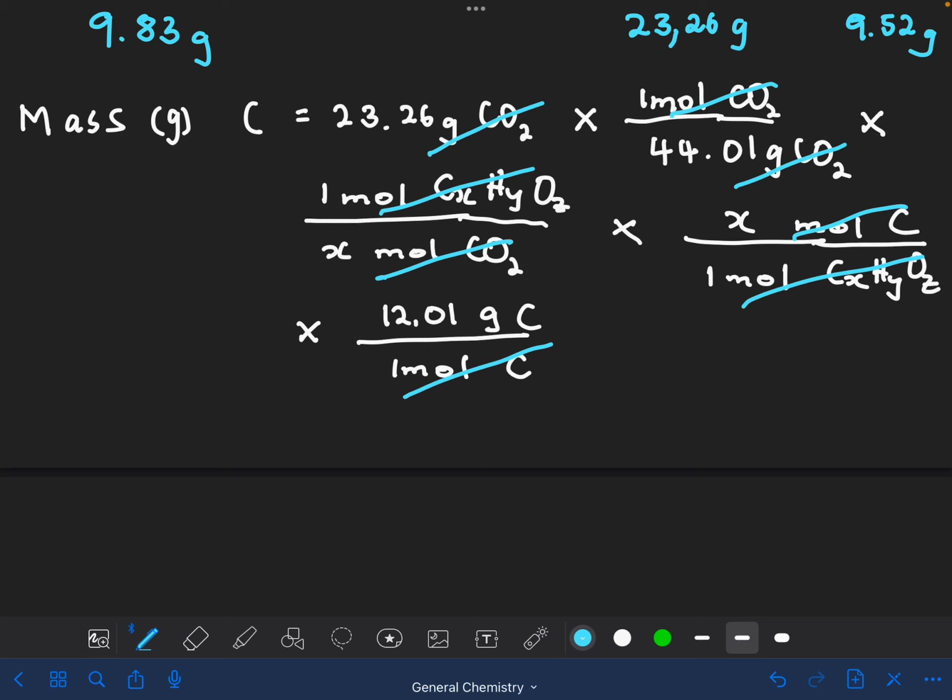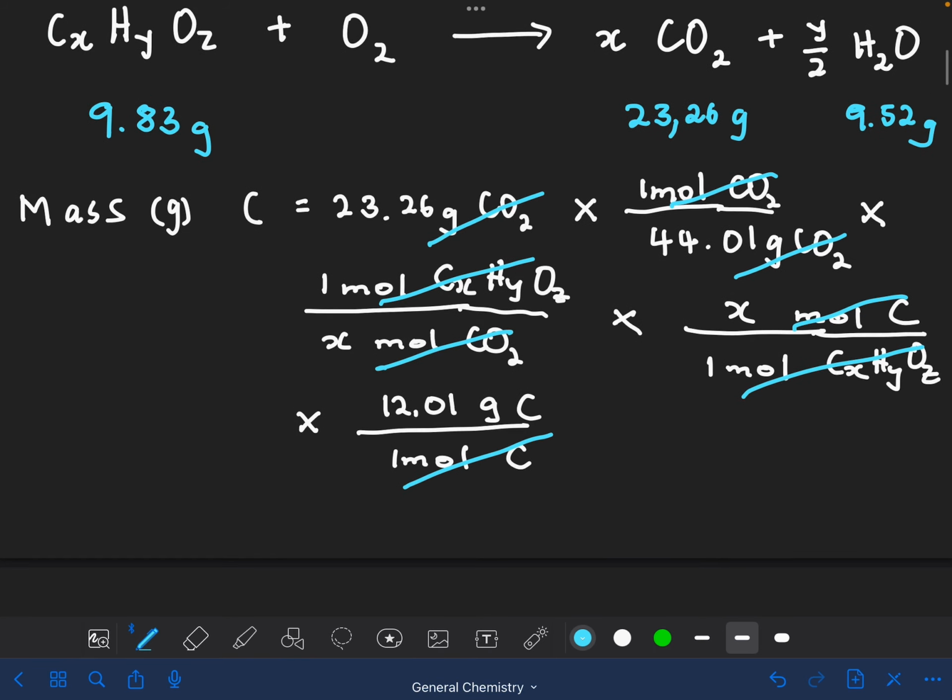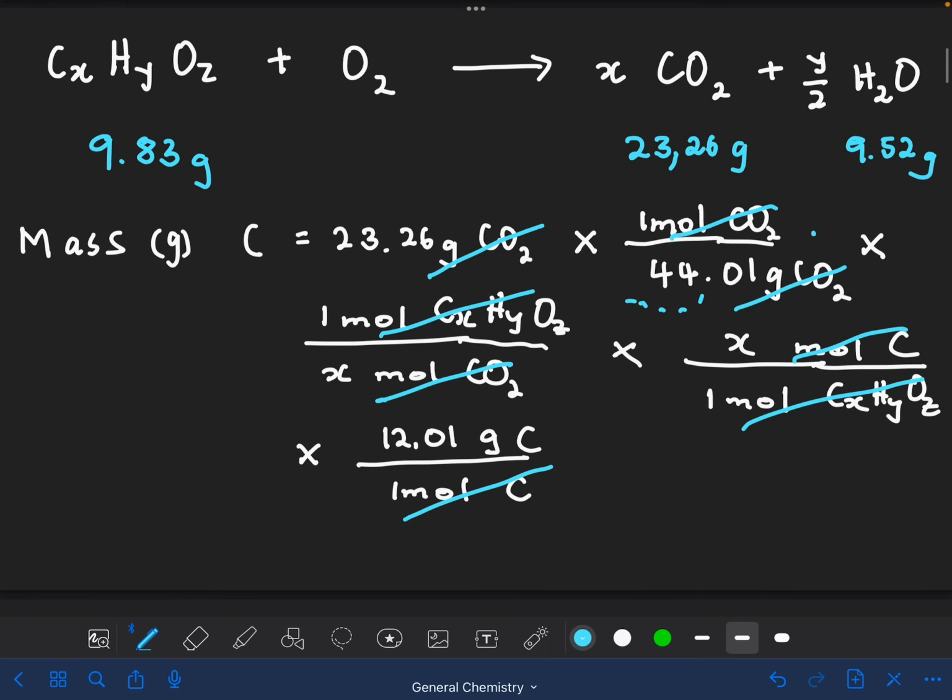Let me just explain this. 23.26 grams of carbon dioxide. I had to change this into the amount in moles of carbon dioxide with this calculation here. Then from here, I took the moles of carbon dioxide to the moles of our sample by relating the molar ratio.